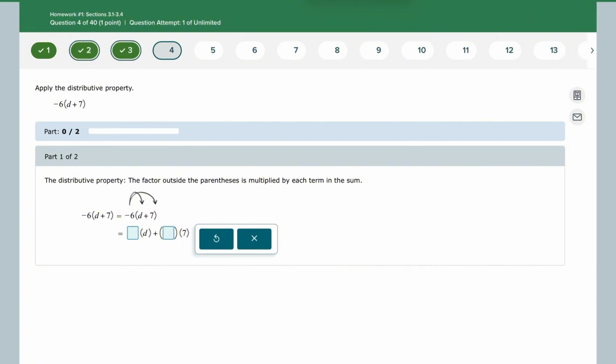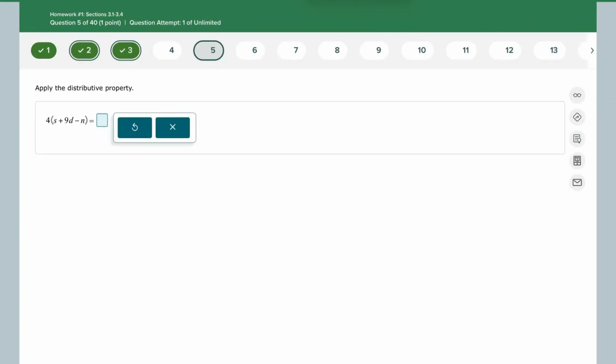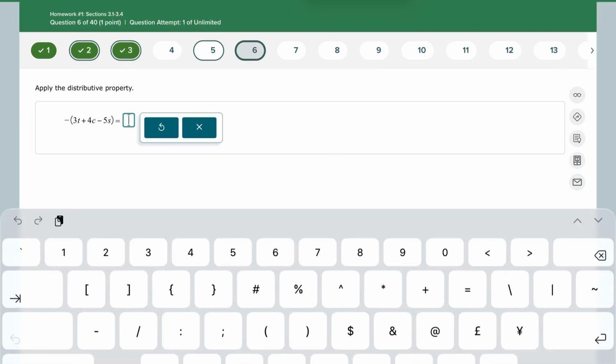So you do the same thing here. Okay, I don't need to do that one. Same thing here. And then this time, all you're going to do is change the sign of every single item inside the parentheses. So the negative is like multiplying by negative 1.